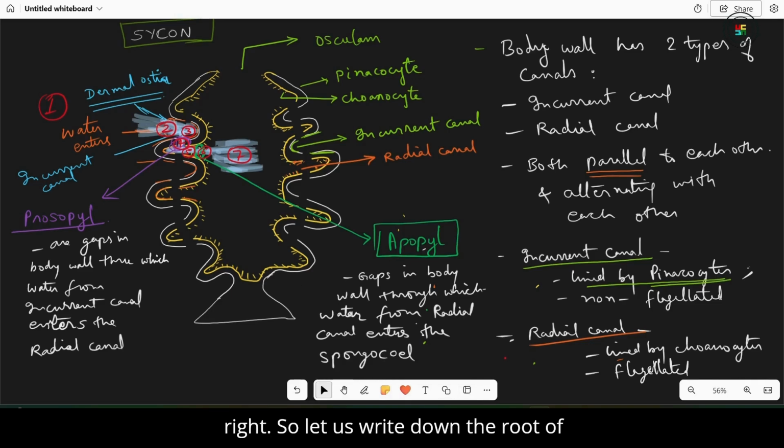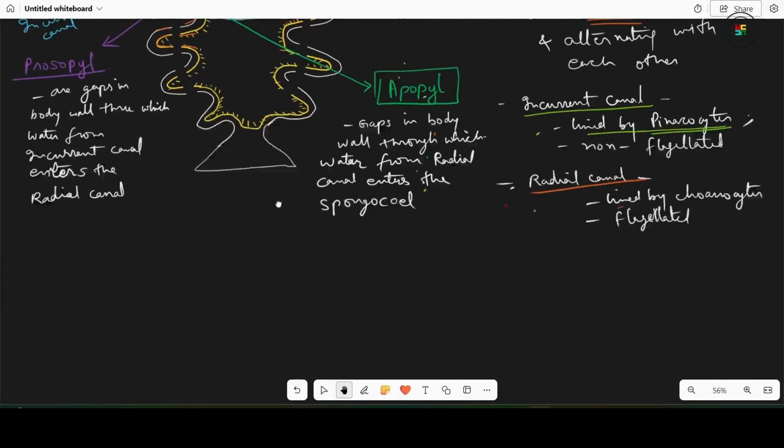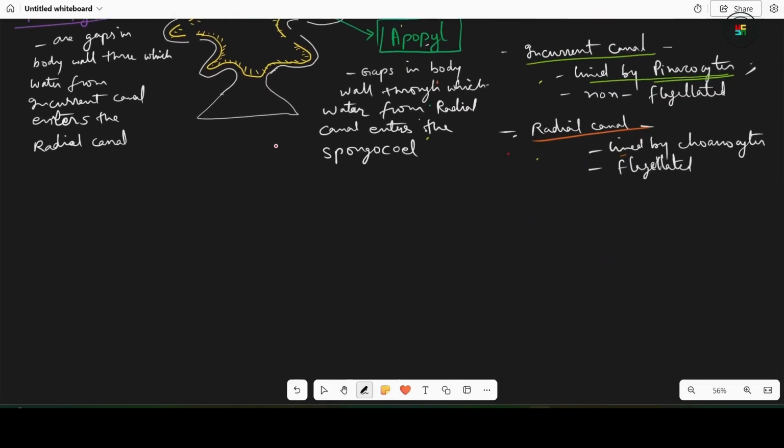Right, so let us write down the route of water in Sycon type.